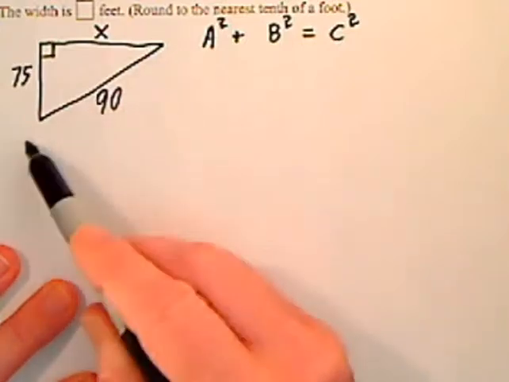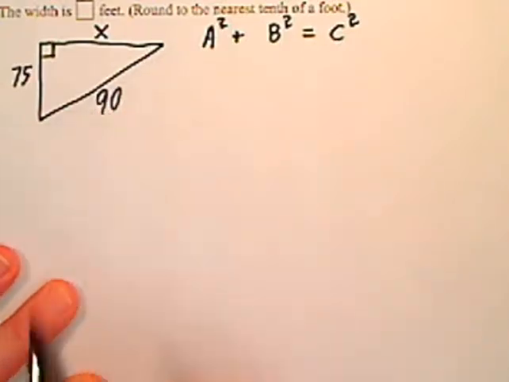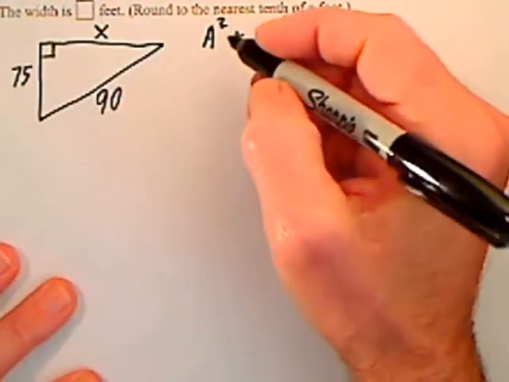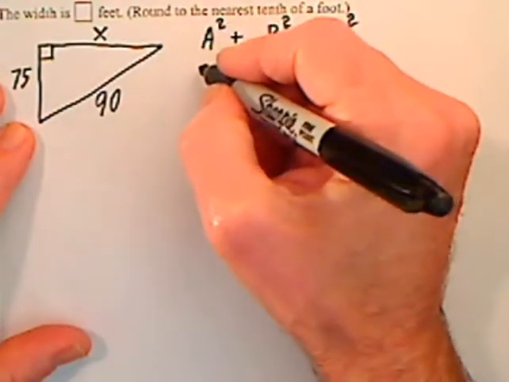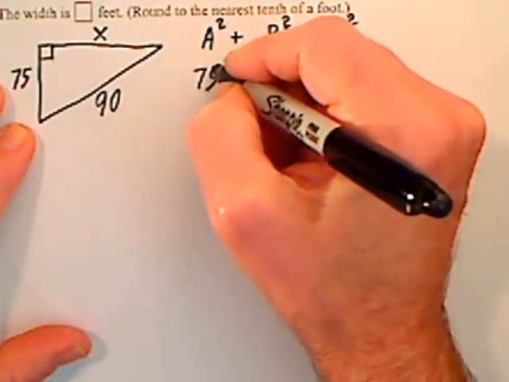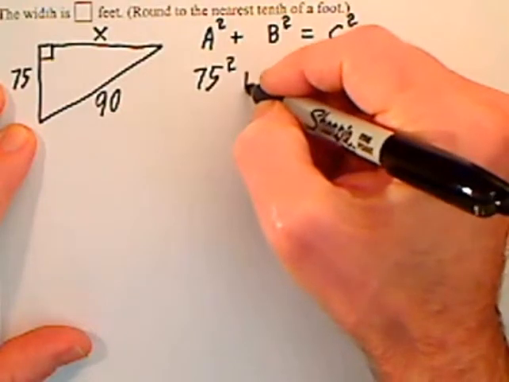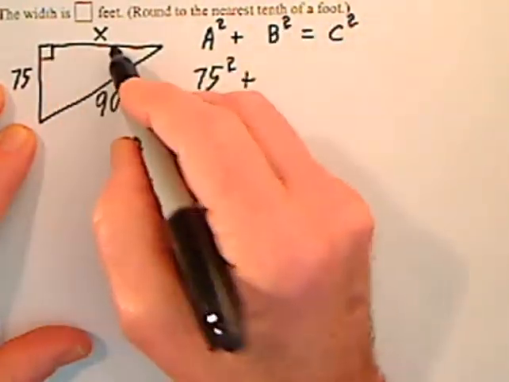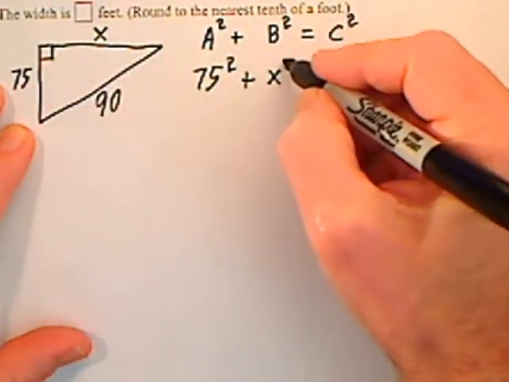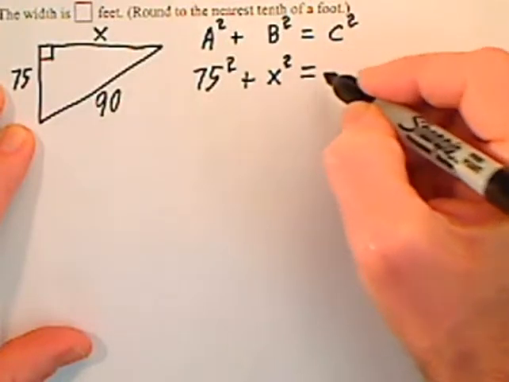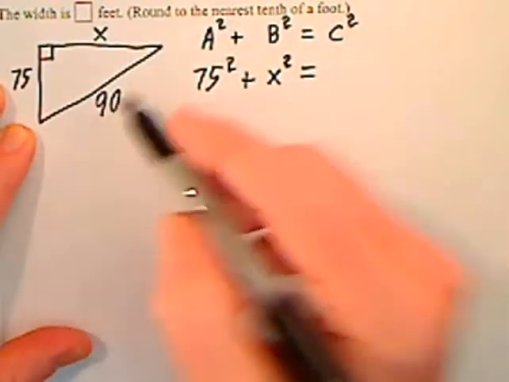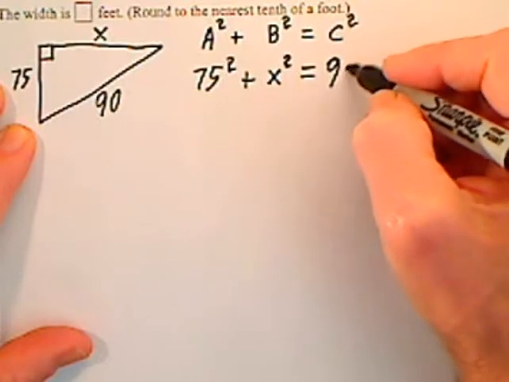C is always the longest side, which we call the hypotenuse. Okay, so we'll plug in the values that we have. For A, we'll use 75. B is our unknown, so we'll just have x squared. And then C is 90.